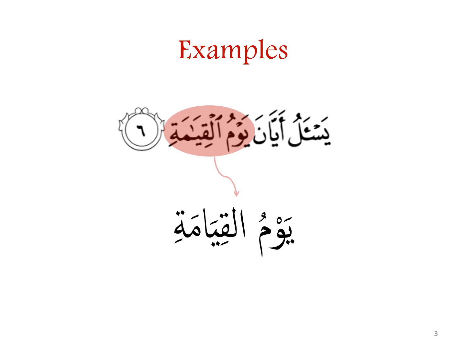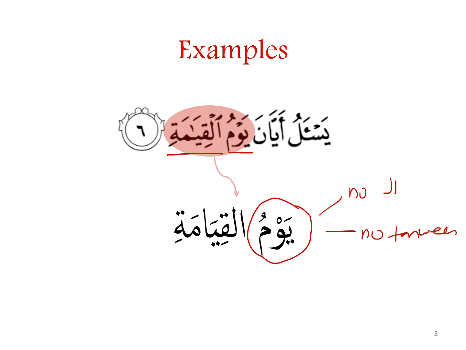Here's an example in the Qur'an, and we'll see a lot of idhafa phrases. Yawmu al-qiyamati. So focusing on that part, we have here the mudaf with no alif lam and no tanween, followed by the mudaf ilayh, which you can see ends with a kasra. The mudaf ilayh, it doesn't matter whether it has an alif lam, but the key thing to look at here is that it has a kasra at the end.